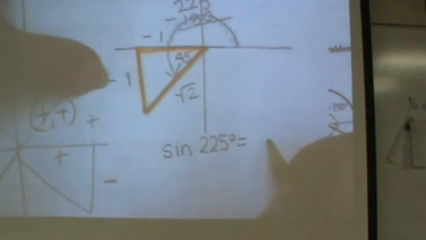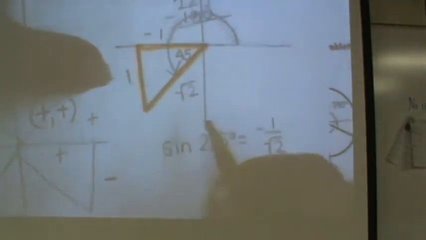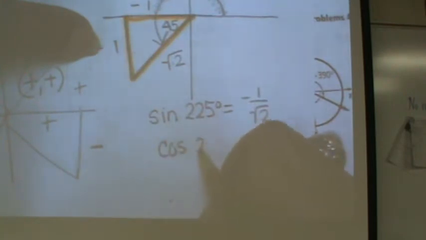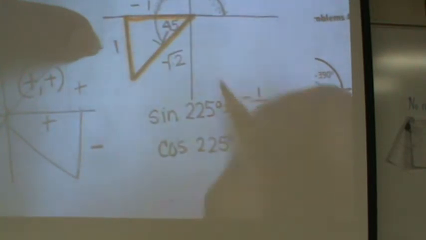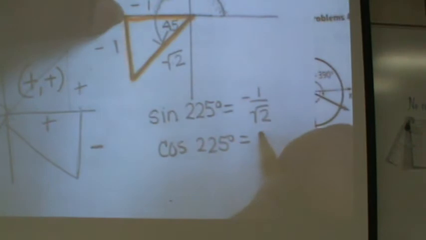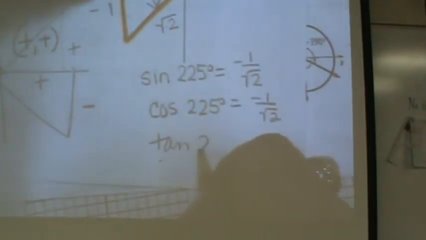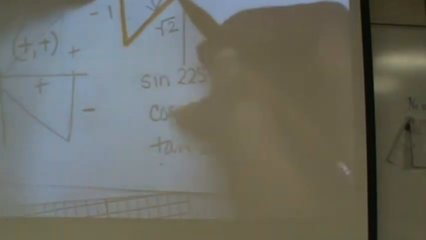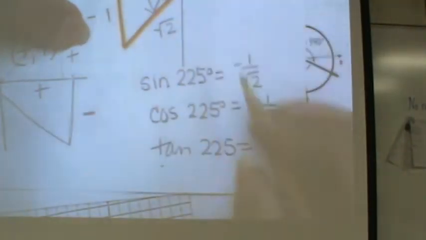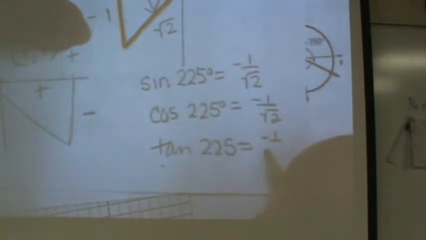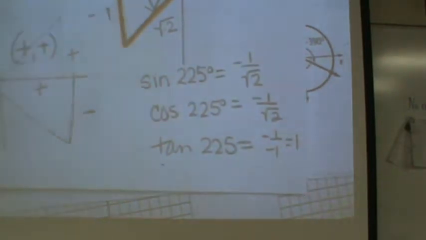It's opposite, so it's -1 over root 2. Opposite over hypotenuse. The cosine of 225 degrees is side adjacent over hypotenuse. And the tangent of 225 is the side opposite over the adjacent, -1 over -1, which is 1, since the negatives cancel.